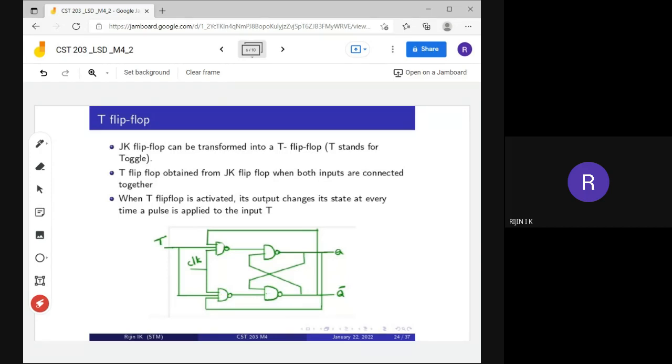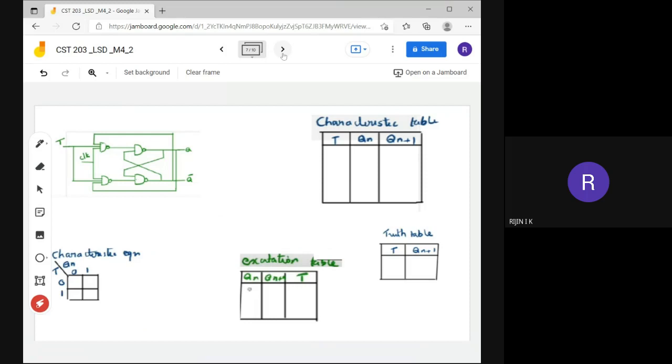The only difference compared with the JK flip-flop is that we connect both the inputs together. T means toggle. Next we can find the characteristic equation, characteristic table, excitation table, and truth table of this T flip-flop. This is the circuit diagram of our T flip-flop.